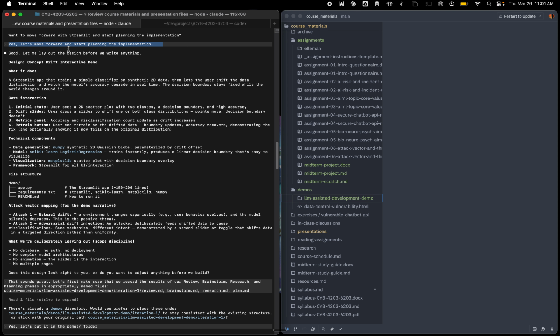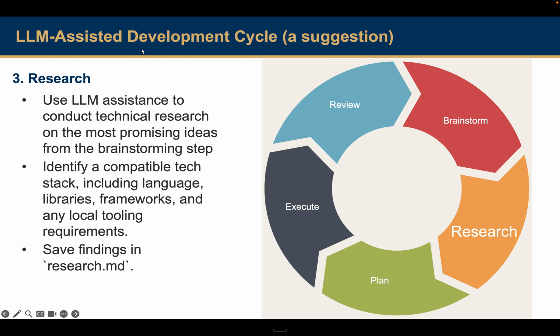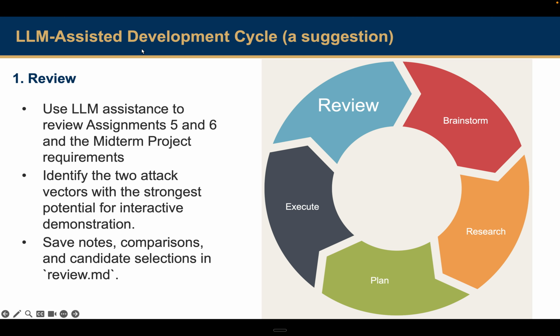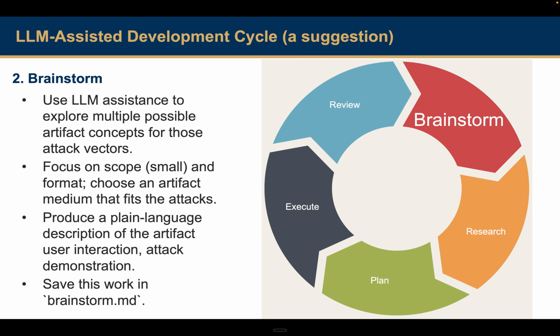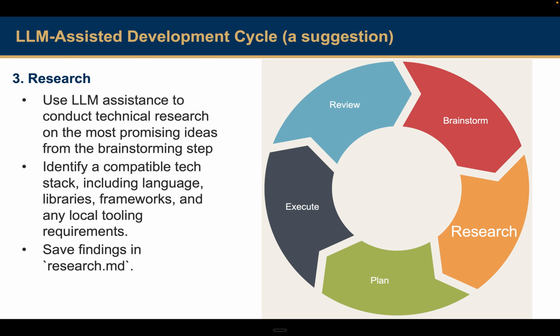All right, so now we're in the planning phase. Again, review: I fed it a bunch of context and basically helped wrap its head around what it is that we're trying to do here. In brainstorming, you creatively think of a bunch of different ways that you might implement. That includes what the artifact might look like, how the user might interact, things like that.